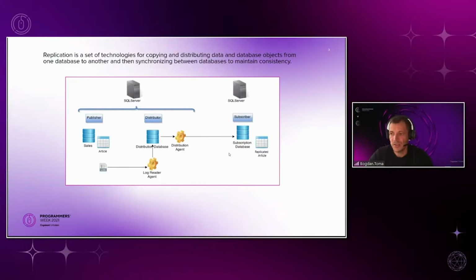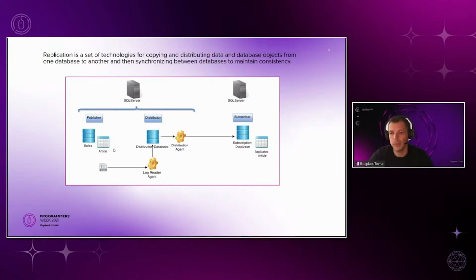On the subscriber side, we will have the replicated database with the replicated articles. When we speak about articles, we refer to tables, stored procedures, functions, objects that you want to move to the other side. You may see here that we also involve the log in this diagram.